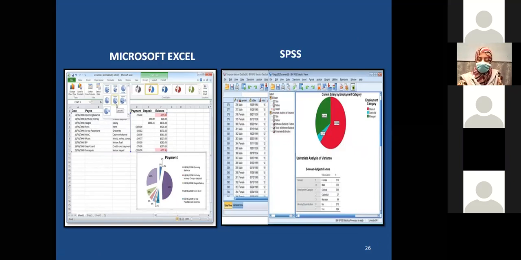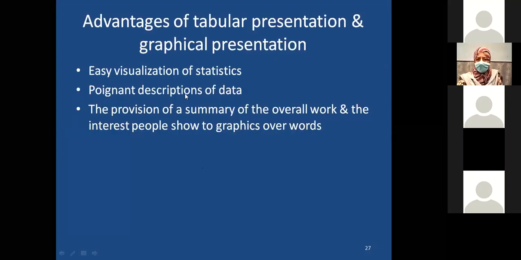All of the graphs can be made on both of these software packages that we use for our publication purposes. That's about it. Now coming to the advantages and importance of tabular presentation and of presenting your work in the form of graphs.